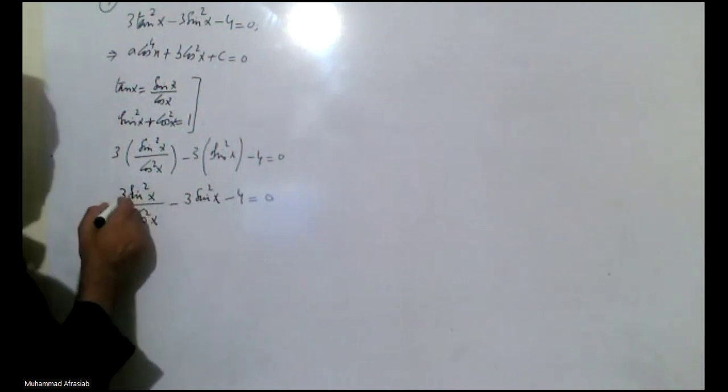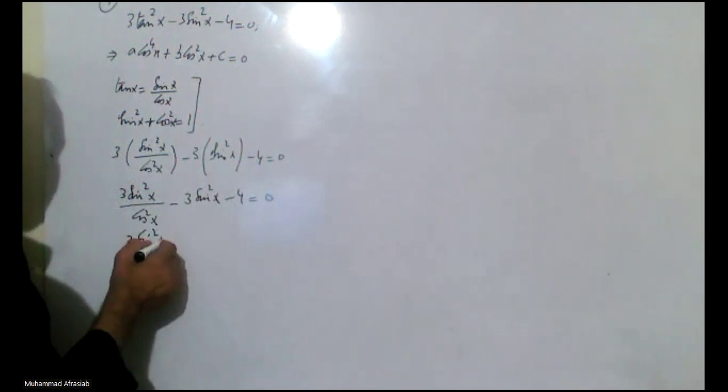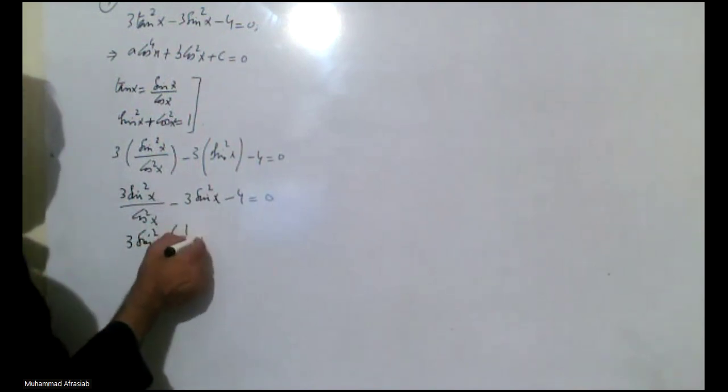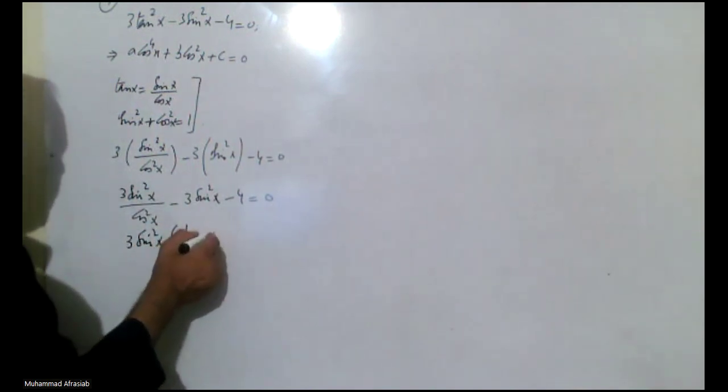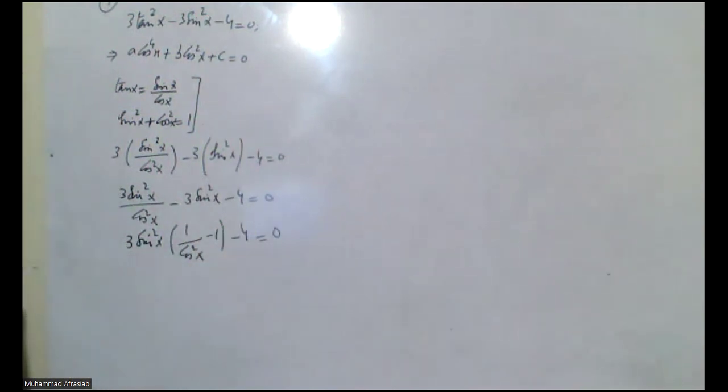We can take 3 sine square of x as common from these two terms. So it will be 3 sine square of x into 1 over cos square x minus 1, minus 4 equal to 0.